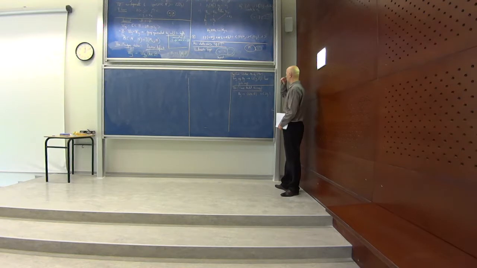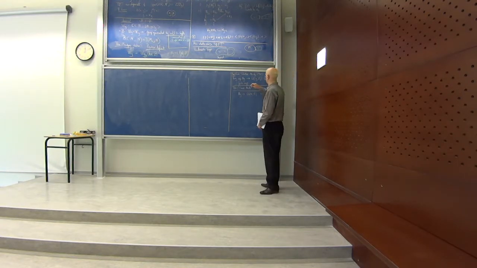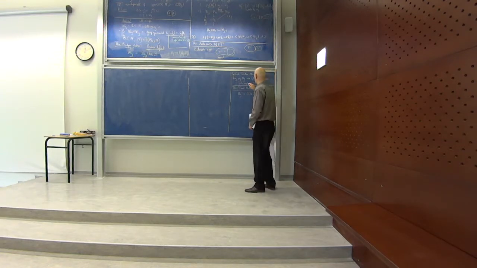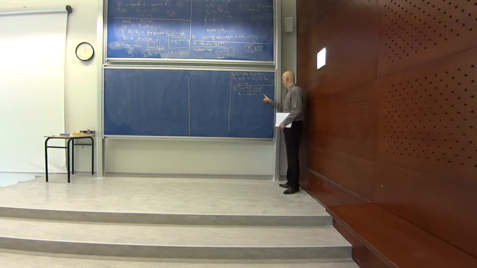So they proved something weaker, sorry, but nevertheless it is true. For n smaller than 2g minus 1, any representation has finite image.